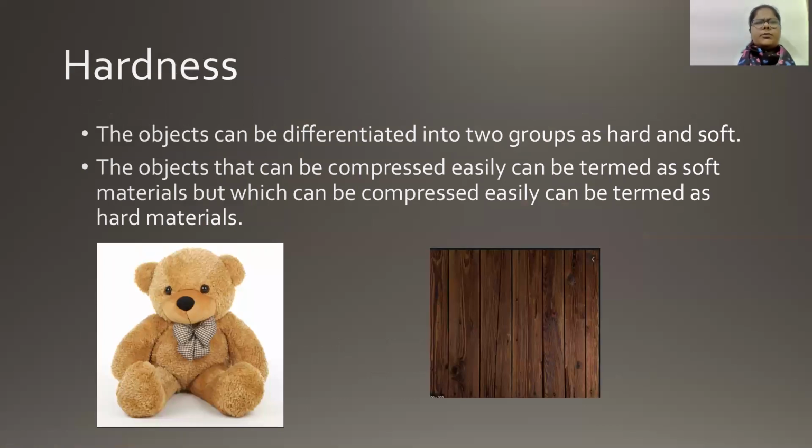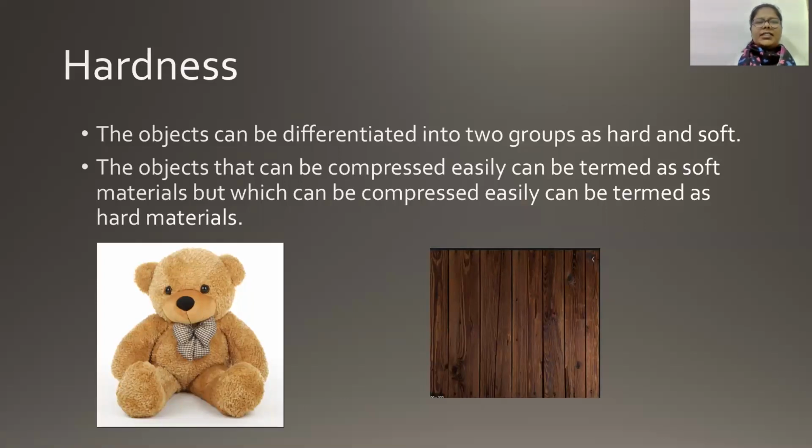Moving on, the next property based on which we differentiate the materials is their hardness. Suppose you have a pillow or a teddy bear. When you try to compress it, its size will shrink very easily.